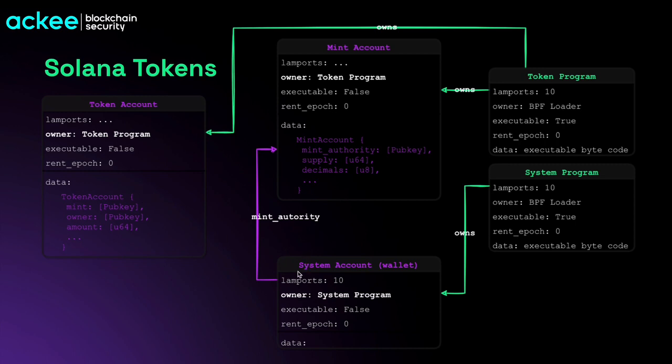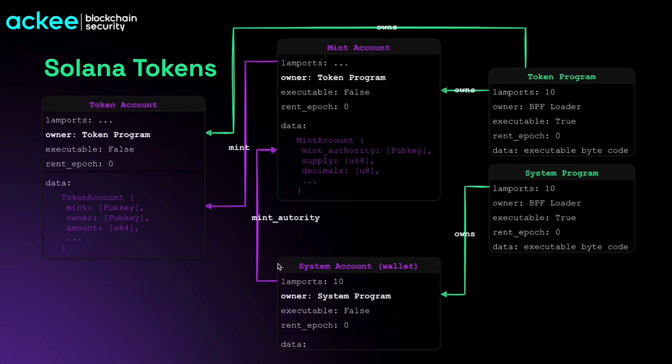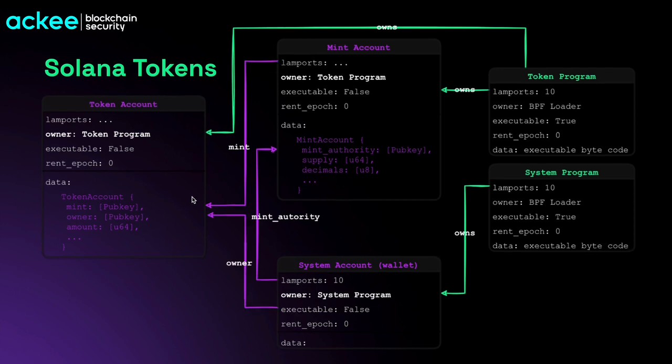So let's say our wallet will ask the mint account, look, let's create a token account. This token account will be for me, and I will want you to mint some amount of tokens that will be stored in that token account for me. So let's just say the mint account then calls mint on the token account, and our wallet is an owner.